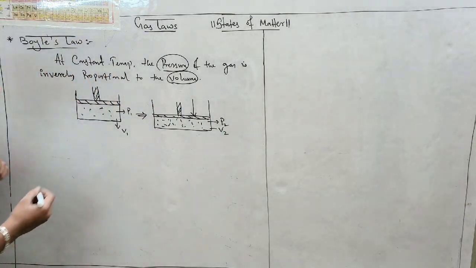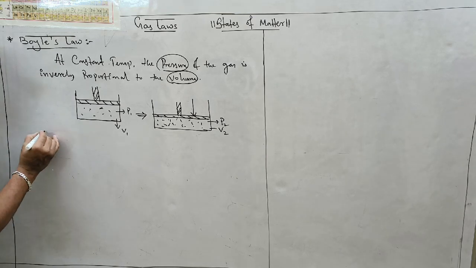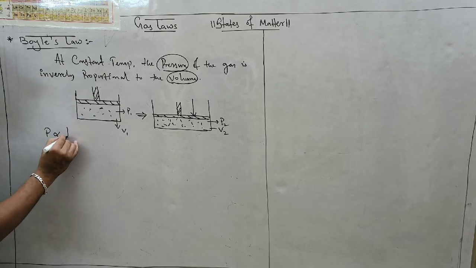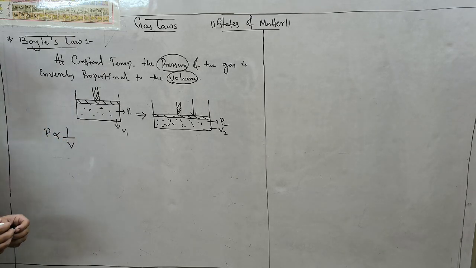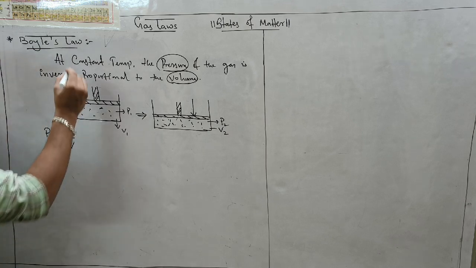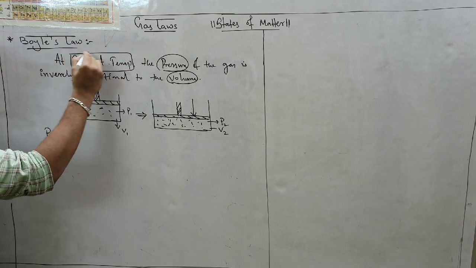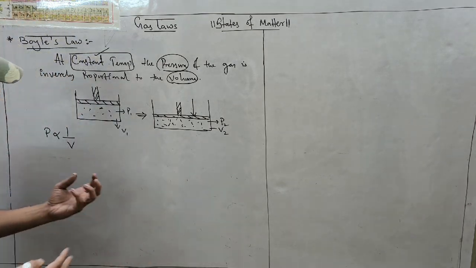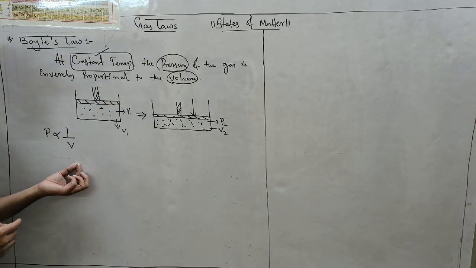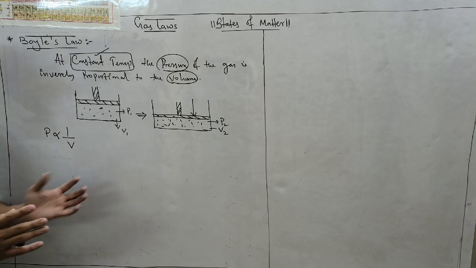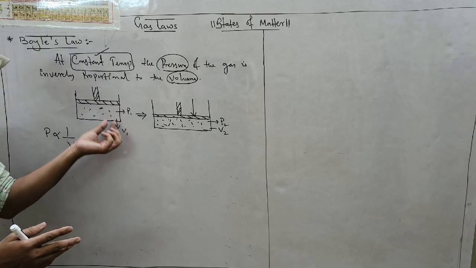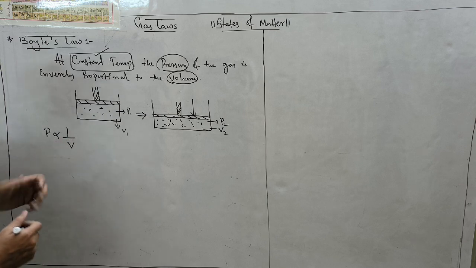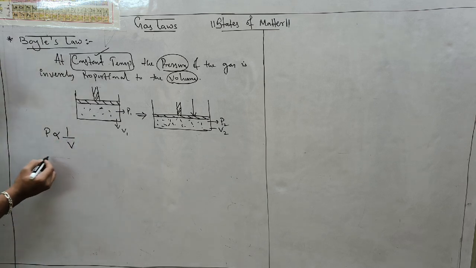In this case, we have understood that P is inversely proportional to volume, by keeping temperature constant. It is very important that we keep the temperature constant. For this reason, the pressure is inversely proportional to the volume. We can write pressure is inversely proportional to volume.